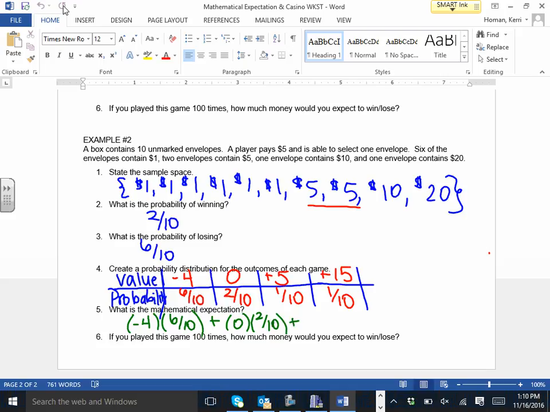Yes, I know that's 0, but I still want you to write it. Plus +5 times 1/10, plus +15 times 1/10. What is our mathematical expectation? -0.4.